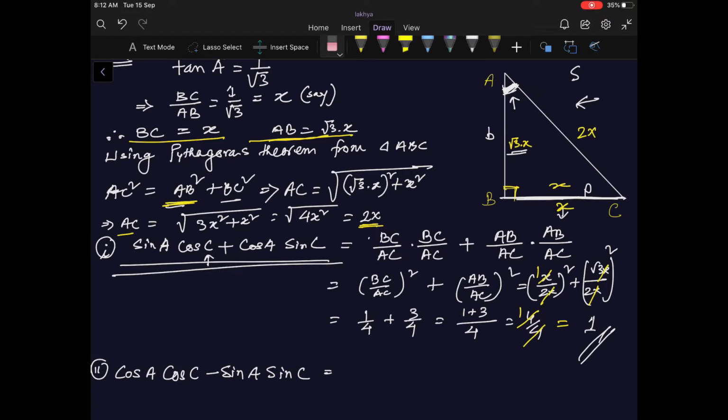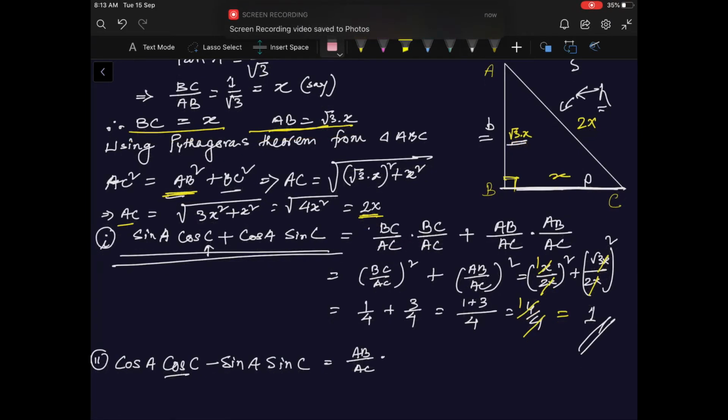Then hypotenuse is always opposite to the right angle, that is AC. So cos A is base by hypotenuse, so AB by AC, into then cos C.